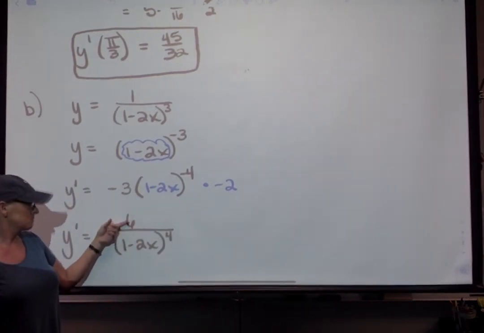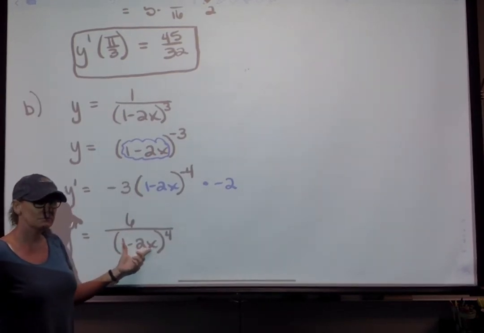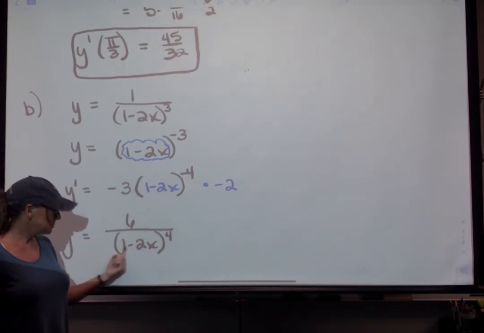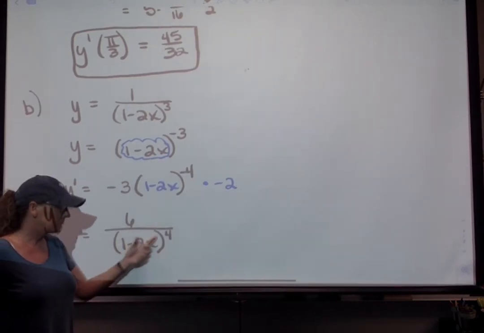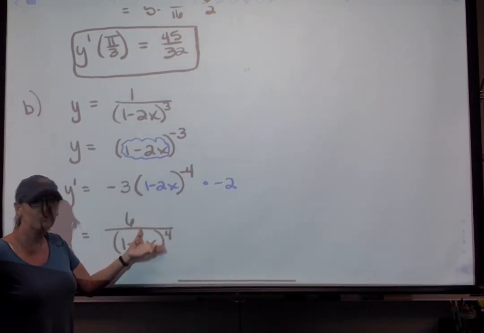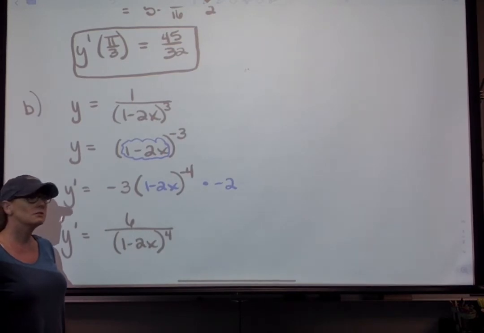So that number's 6. It's always going to be positive. What about the denominator? Doesn't matter what you plug in for x. When you do this math and you raise whatever you get to the 4th power, aren't you going to get a positive? Always? Any exceptions?